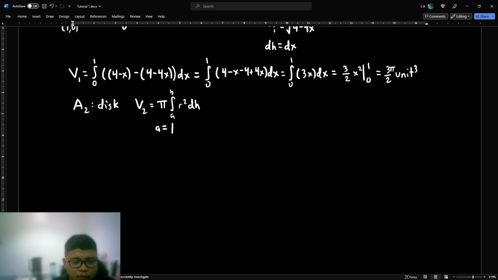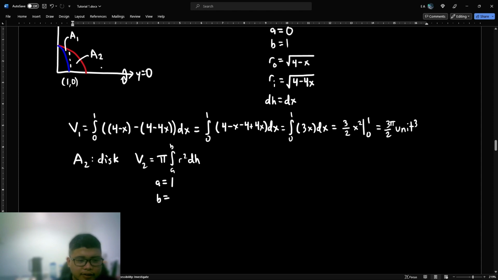Our lower limit would actually be equal to 1, and our upper limit is going to be the other intersection, the other x-intercept, which is (4, 0). So our b is equal to 4. The radius would be just the red line. So it's going to be 4 minus x, but since that was y squared, we need to convert it to y.